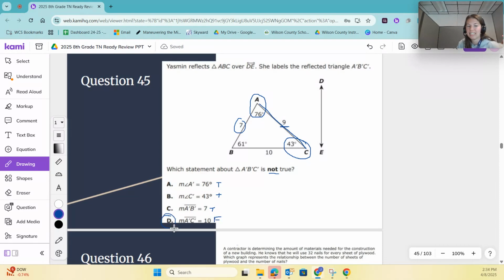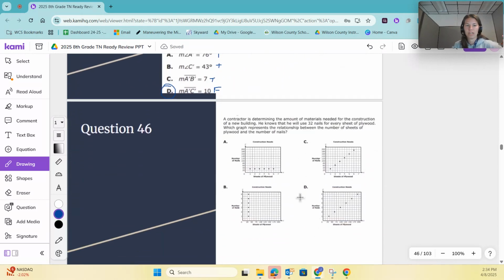So therefore, D should be our correct answer there. When we have reflections, translations, and rotations, the triangle stays exactly the same, the side lengths and the angles. When we dilate it, the side lengths will change, but the angles will remain the same because they're similar triangles.